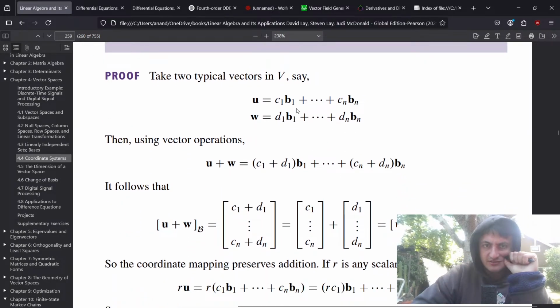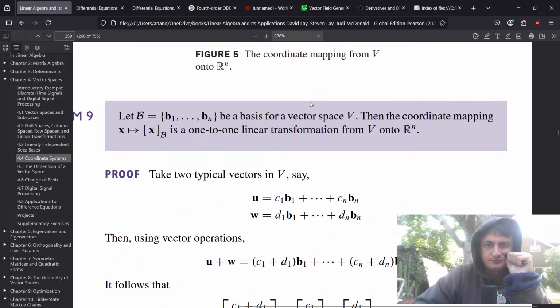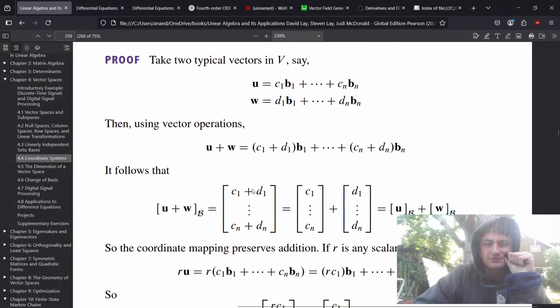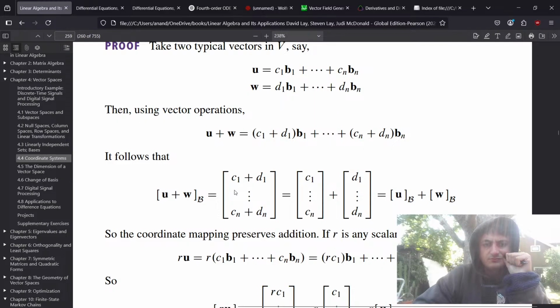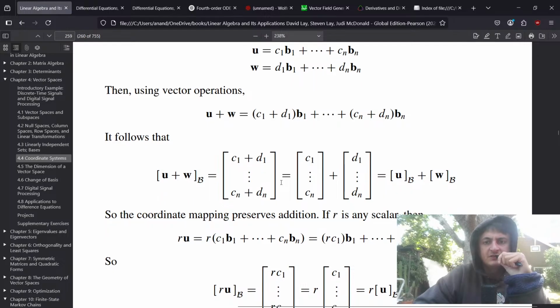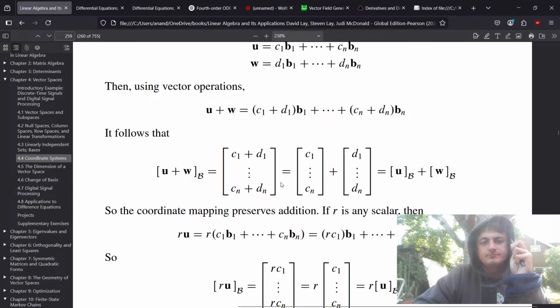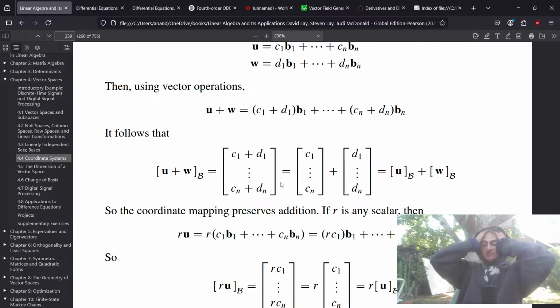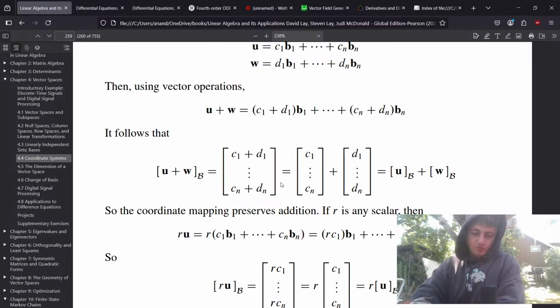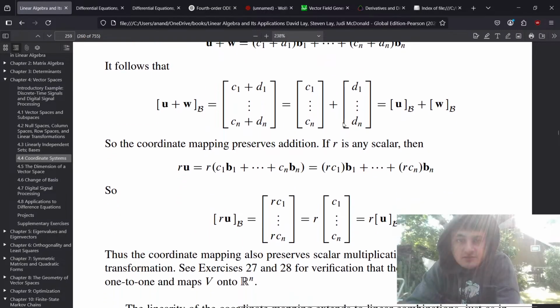Okay, take two vectors in V, then using vector operations, it follows that... Basically, you have coordinates relative to a basis, and you're always talking relative to some basis. It just so happens that there's one basis that's way better than everyone else.